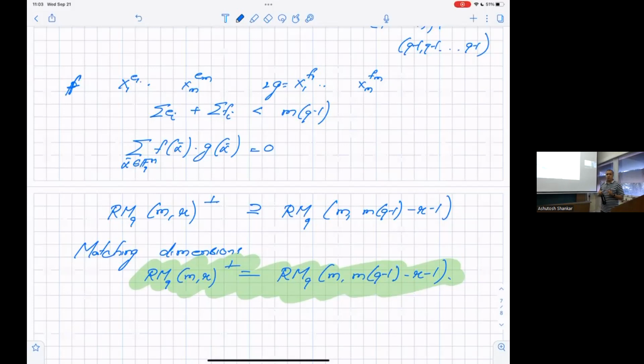I'm going to take another 5 more minutes. I just want to give some specific examples of Reed-Muller code and then we'll wrap. Any questions so far? There is a result that says the Reed-Muller code is a subcode of the BCH code. So the BCH code contains the Reed-Muller code.